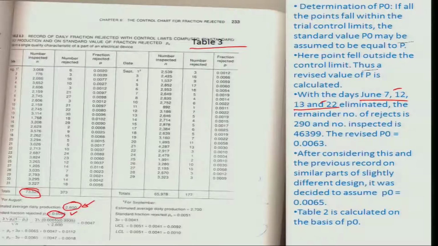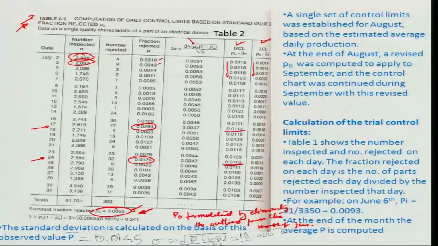Again, this fraction reject would be computed based on what you are eliminating. So, basically here in the first module you had eliminated June 7th, 12th, 13th and 22nd. In the second module, as I told you, you had eliminated July 17th and 24th and maybe also July 7th, which is an outlier again on the lower side, as you can see.